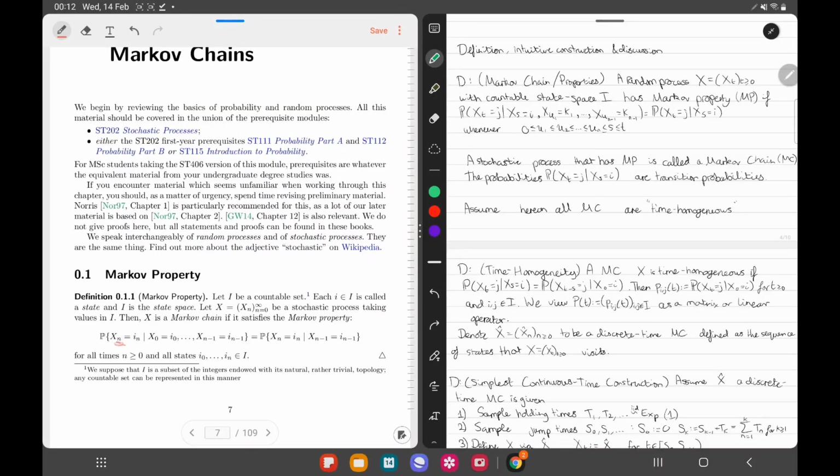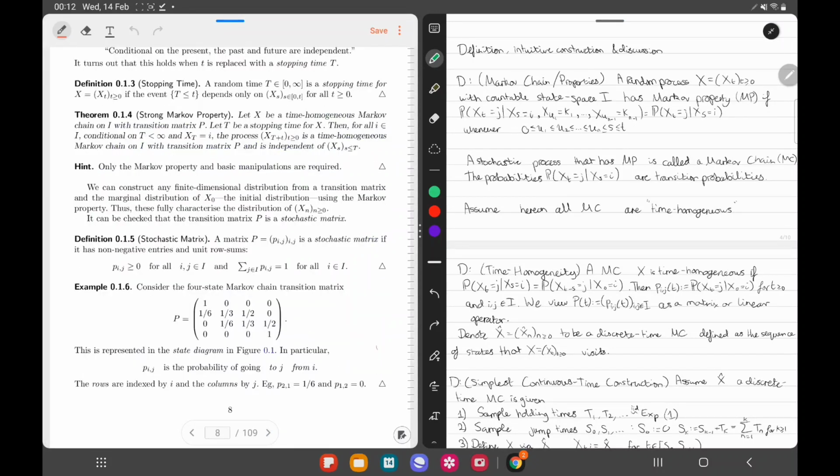So it's a bit of a pain to read these things because you have to do it all over again. And all that happens is you realize, well, I've got a t here now. Rather than having discrete time steps, I actually have to care about how much time happens in between each time I jump to a new state. But it's fine because they're so simple, they just read off the exact same way.